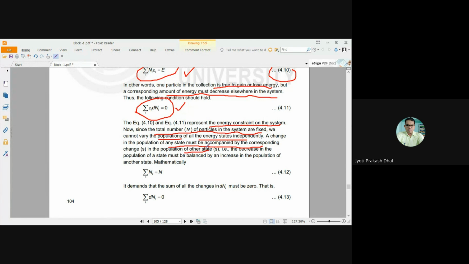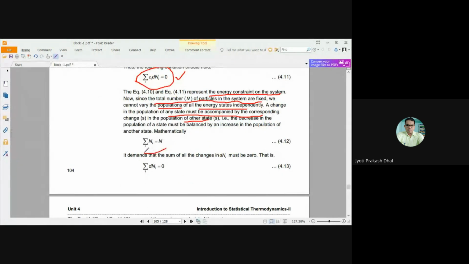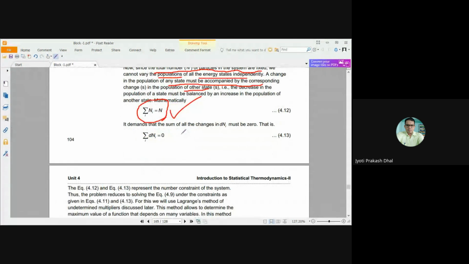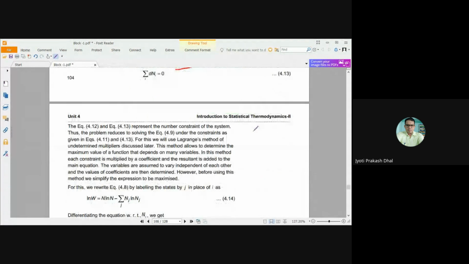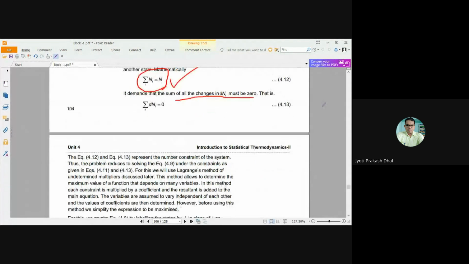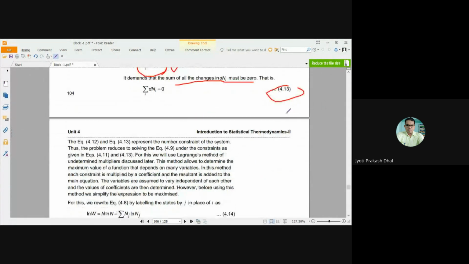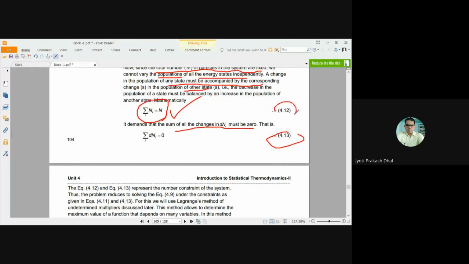That means if the population of one state is increased, then the population of another state must be decreased, because the total number of particles will be constant, that is capital N. Mathematically, the summation of ni equals N. It demands that the sum of all the changes dni must be 0, because the total number of particles is constant. So this is equation 13.